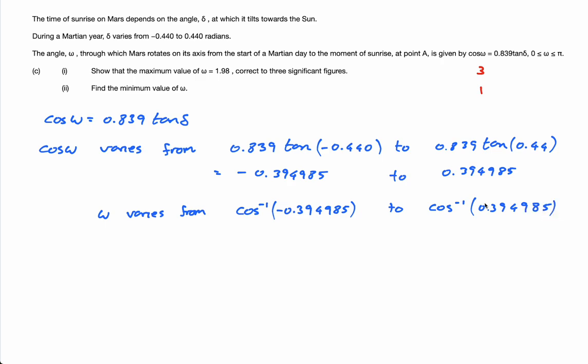Now, if you think about the unit circle, this negative 0.394 will be over here somewhere, and the positive will be over here somewhere. So this one is definitely going to be a bigger angle. Now I can use my calculator, but this will be a bigger angle. So this will actually be the maximum, and it should be 1.98 to 3 significant figures.